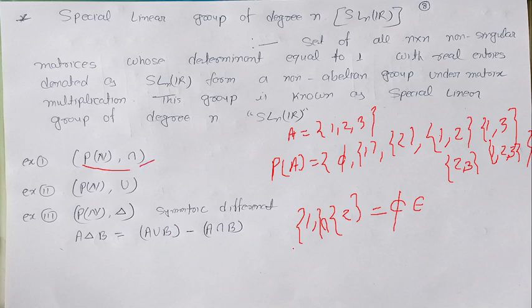So phi comes from P(A), then the closure property is satisfied, and there is no problem at all.